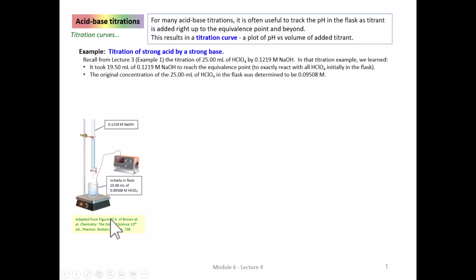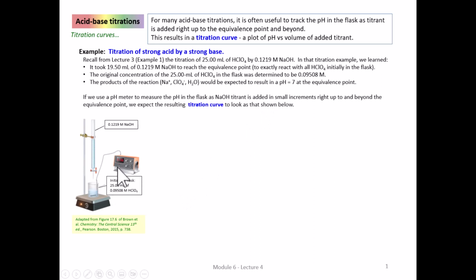The original concentration of the perchloric acid was determined to be 0.09508 molar, and the products of the reaction, sodium ion, perchlorate ion, and water, would be expected to give us a pH equal to 7 at the equivalence point.